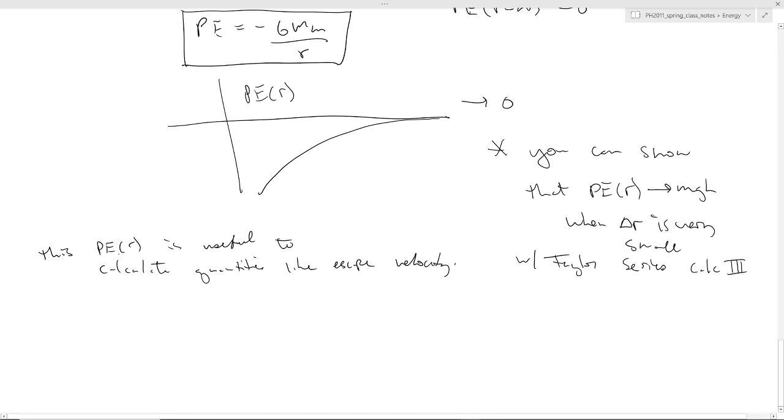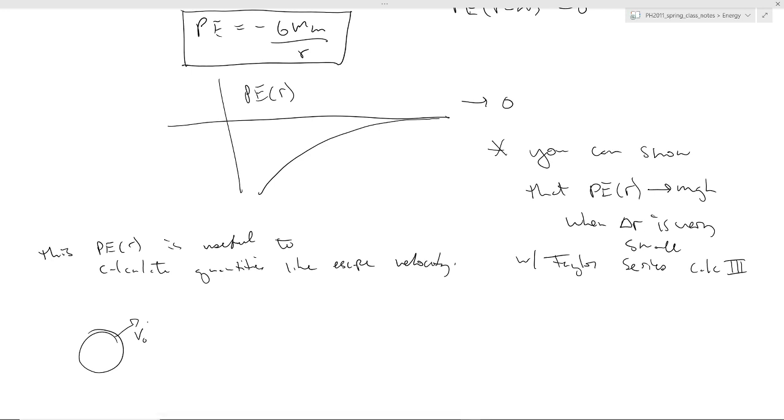So this potential energy as a function of r expression derived from the force of gravity is useful to calculate things like escape velocity. Escape velocity is a simple idea: if you were to just shoot something up in the air, what velocity would it need to escape the planet and just keep going?